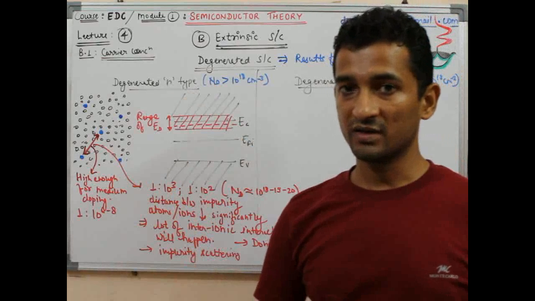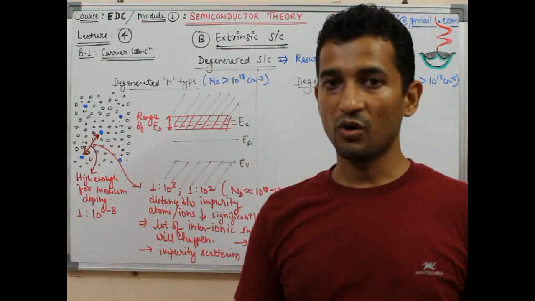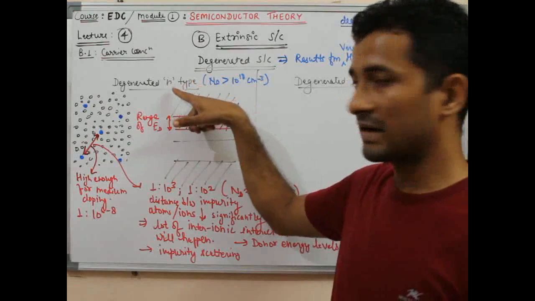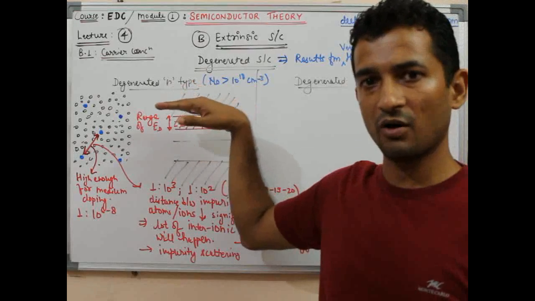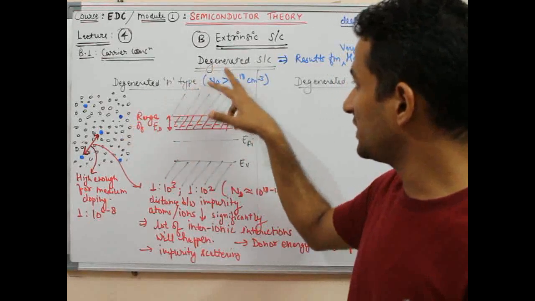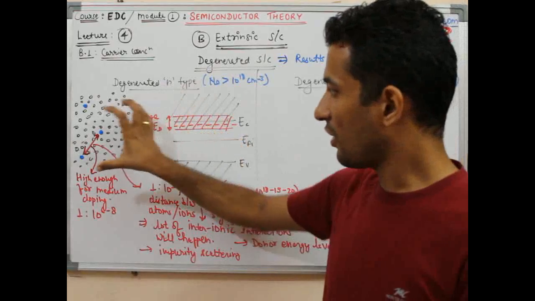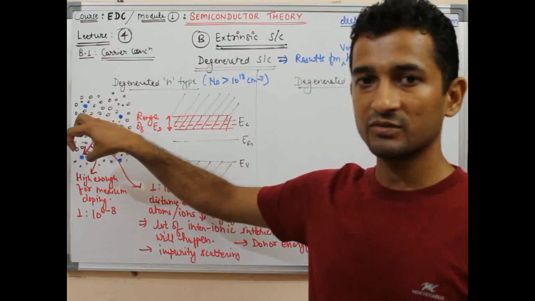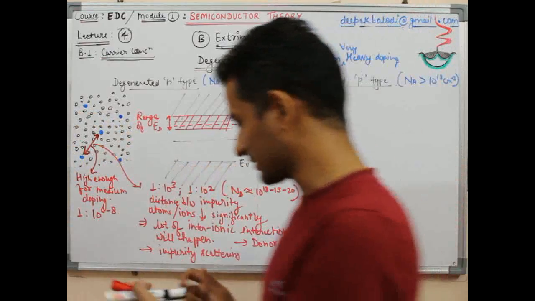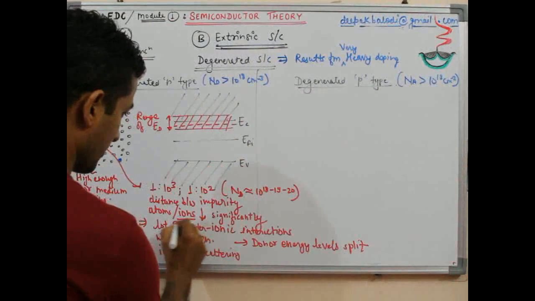So far we have not seen this case. We have seen that in small and medium doping the Fermi level increases up, because if it is n-type the Fermi level moves up, but always it remains below EC. But this is for the first time, in the case of degenerated n-type semiconductors, all because the impurity atoms or ions have got very close to each other. They start interacting because both are ions, so their interaction is very important.